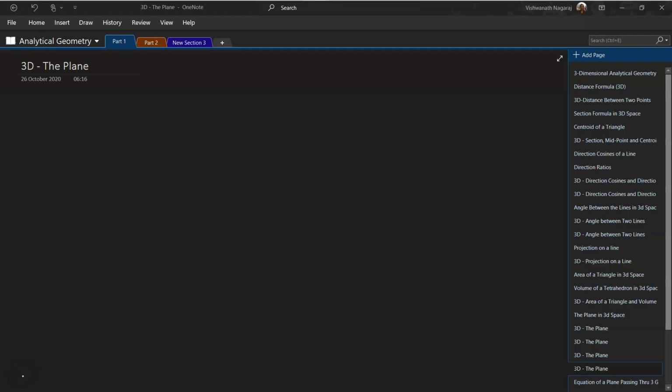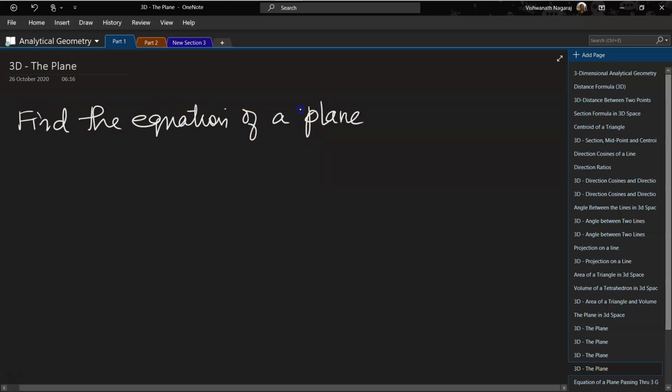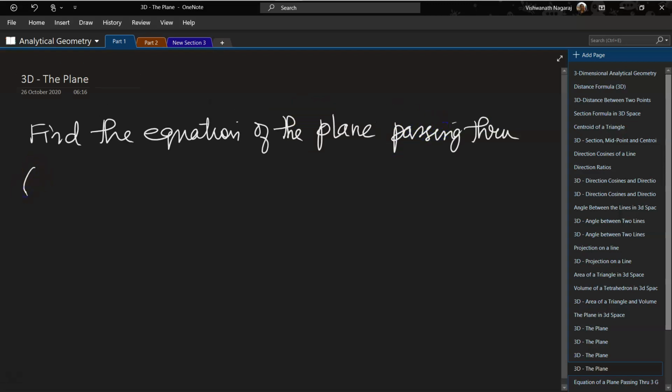Let's solve a few more problems. So let's say, find the equation of the plane passing through a particular point.